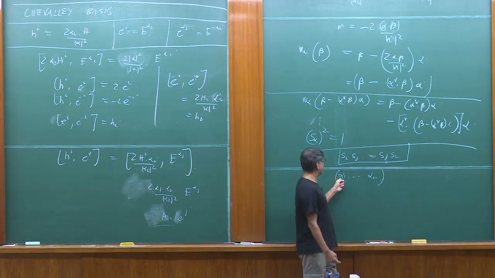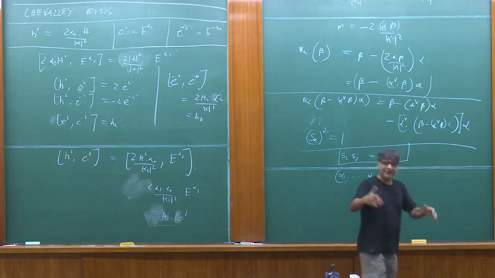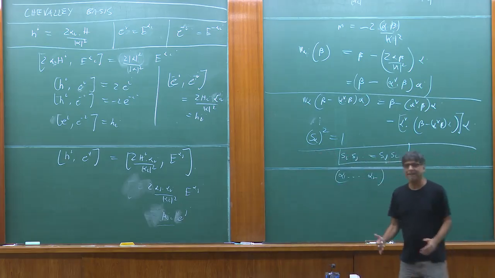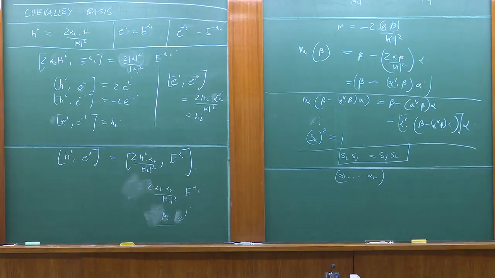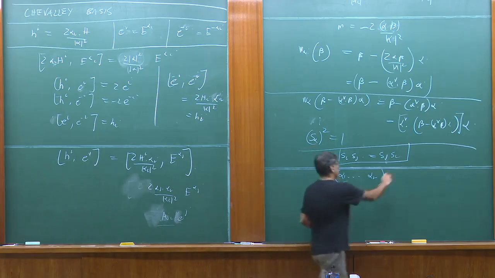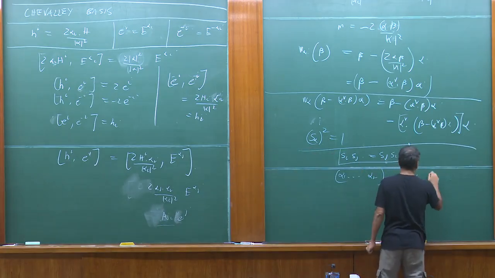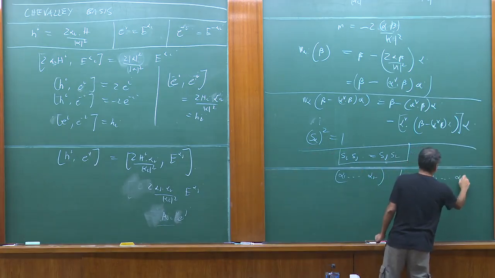We know that we can produce all other roots by acting with integer combinations of these simple roots. Now, suppose I take this other collection, which is W alpha 1, W alpha 2, up to W alpha r.